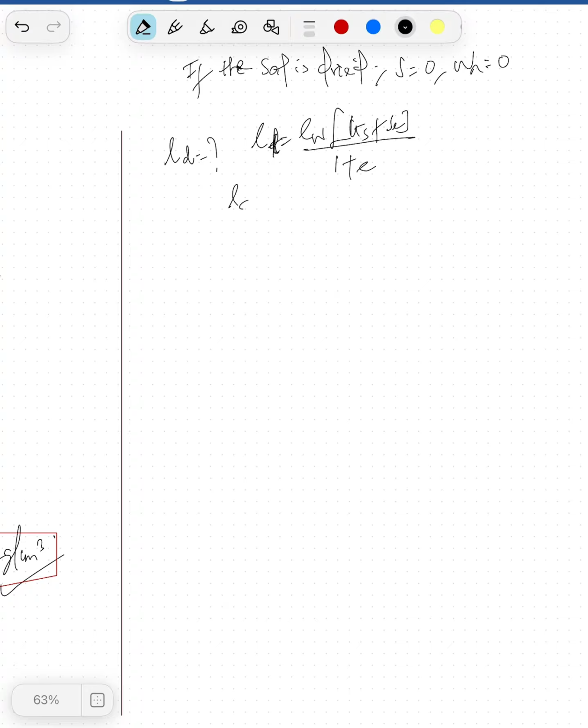So for dry density, it is density of water times GS plus 0 over 1 plus E. The SE term equals 0 for dry density.